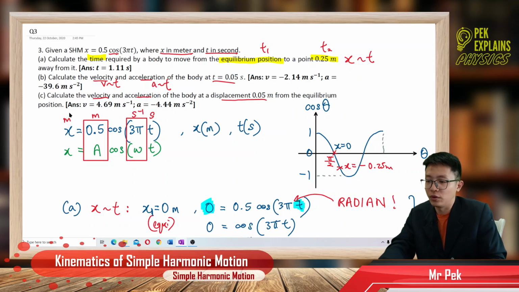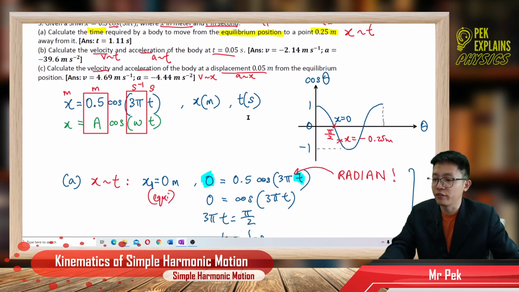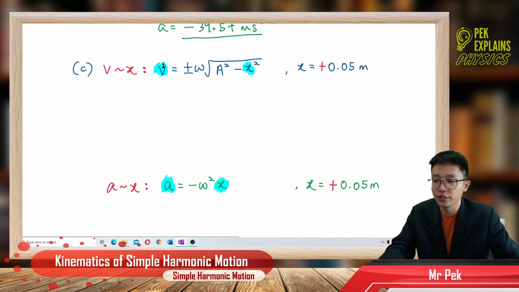So this one asks for the velocity-displacement equation and also the acceleration-displacement equation. We already have formulas for that, no need to differentiate. The velocity-displacement equation is plus minus omega square root of a squared minus x squared. Acceleration-displacement is a equals negative omega squared x. So our displacement now is 0.05 meter.